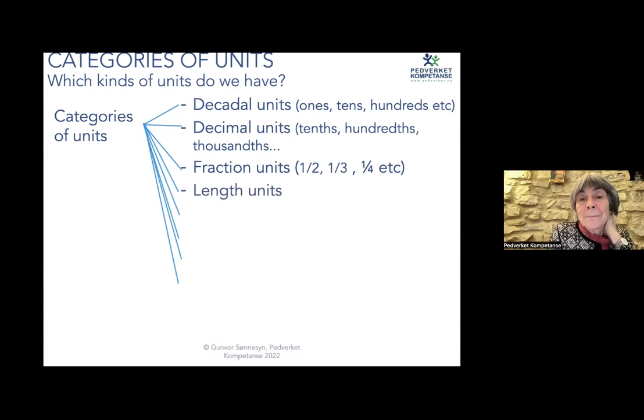And we have length units. And we also have weight units. And we have volume units.